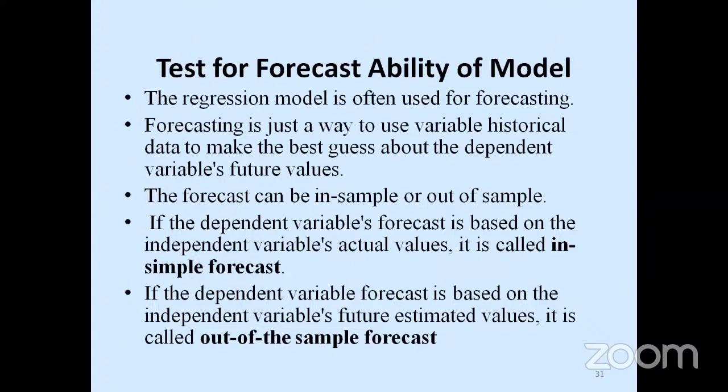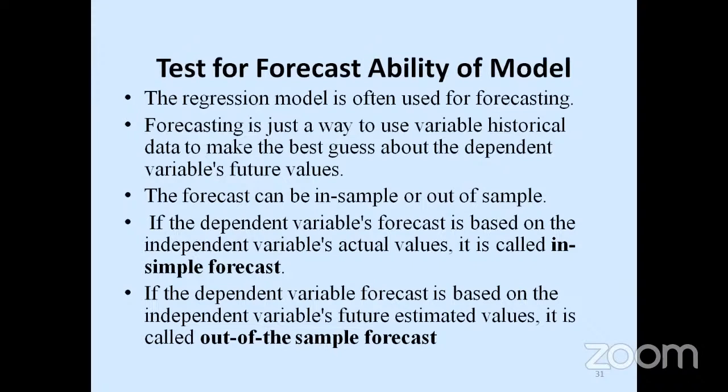Forecasting is just a way to use the variable's historical data to make the best guess about the dependent variable's future. We can use GDP, or any of those econometric models, or human development index models, as the World Bank uses. If you see their beta coefficients, they always use the predictive forecast ability of the particular model which they build.